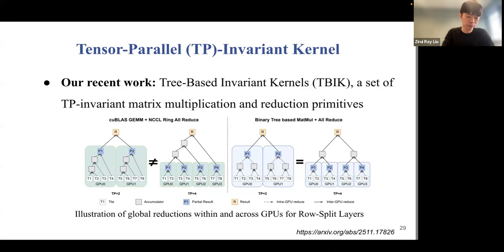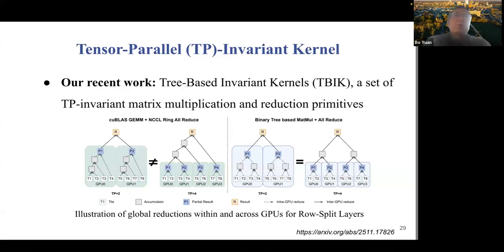Even if we optimize this TP-invariant kernel very heavily, it can only reach, if I recall correctly, 50 to 60% of the peak FLOPs of the original matmul. And again, you need to patch all of them into both inference and training, and it will significantly slow down both sides. That's why I think it's better to use both solutions together, not only the system solution or the algorithm solution.